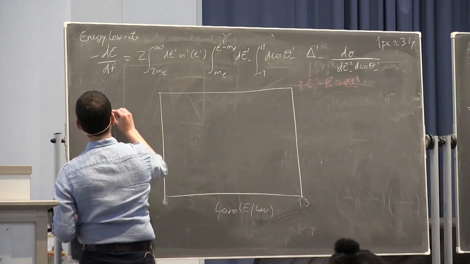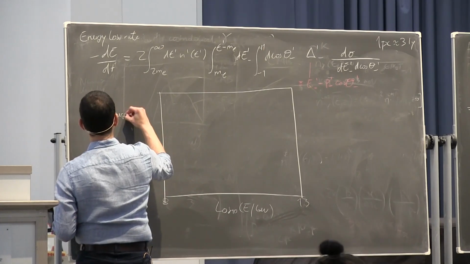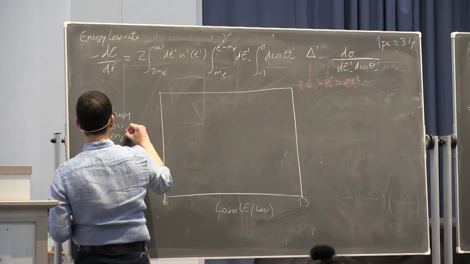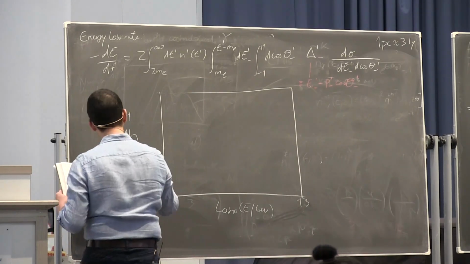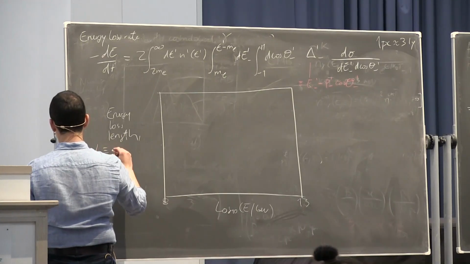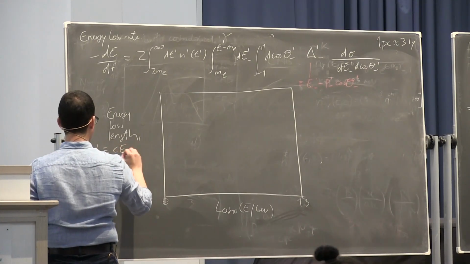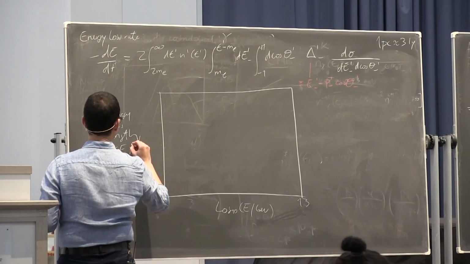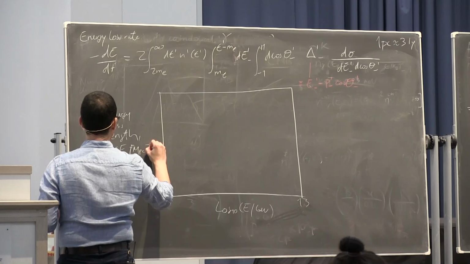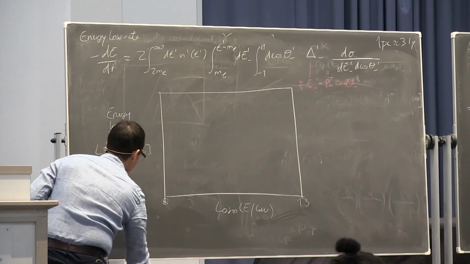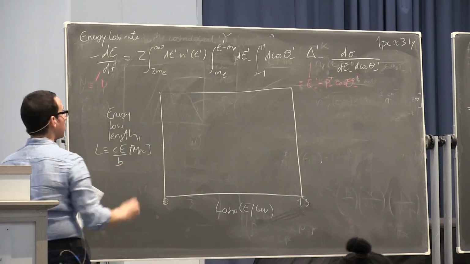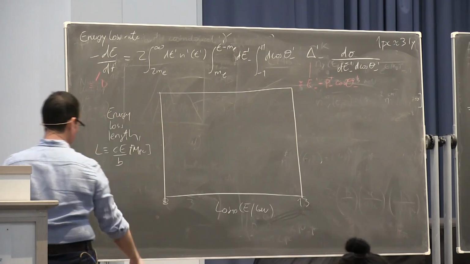And here what I'm going to write is the energy loss length, not the rate. And the length is L, this. I wrote it in megaparsecs. So remember B is this in our equation on the central blackboard.